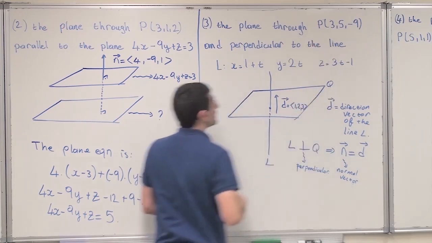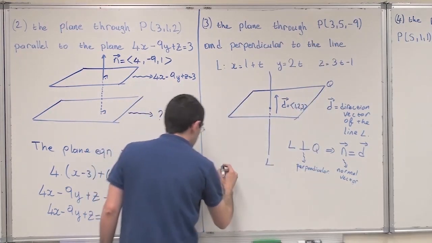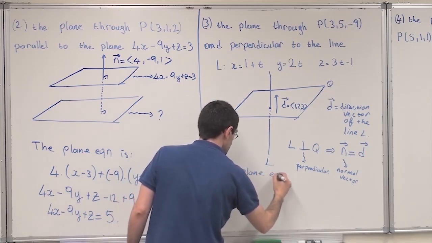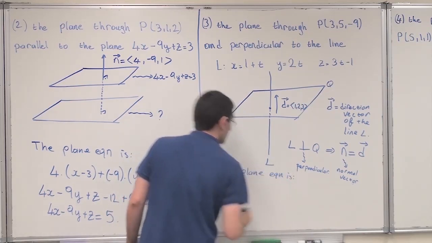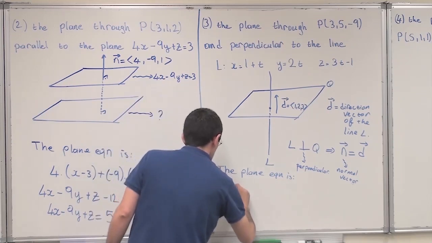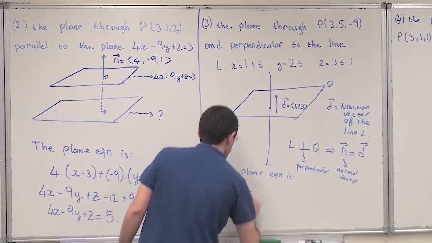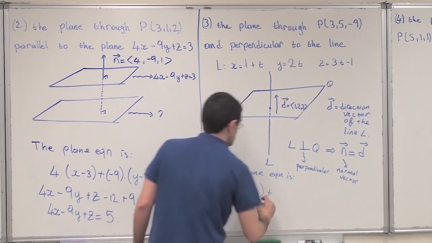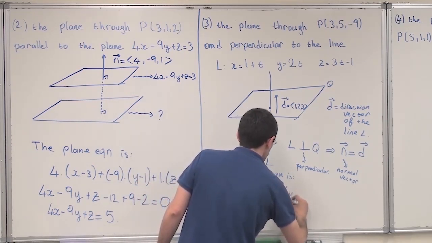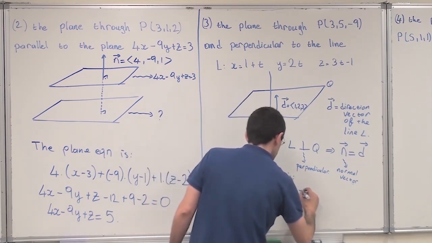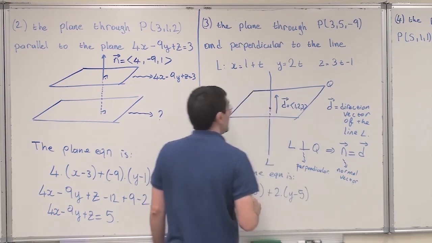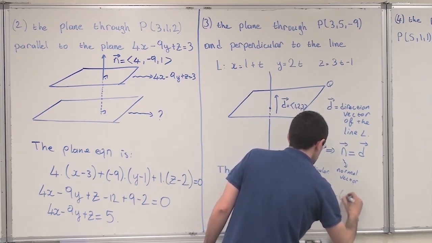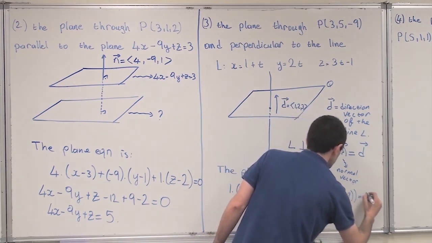We have also been given the point. So the plane equation is 1 times x minus the x coordinate, plus 2 times y minus the y coordinate, and 3 times z minus the z coordinate of the point.